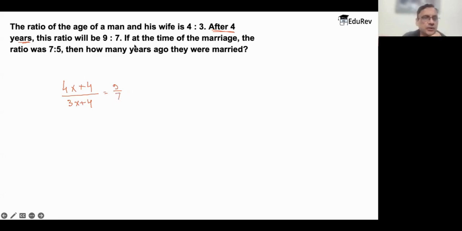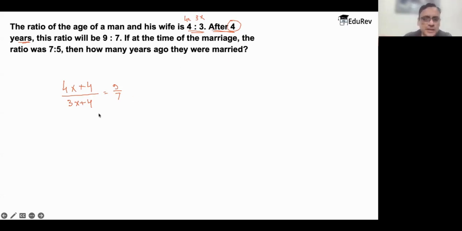The ratio of the present age of man and his wife is 4:3. So their ages are 4x and 3x. After 4 years, so 4x plus 4 for the husband and 3x plus 4 for the wife. And this ratio is 9:7.